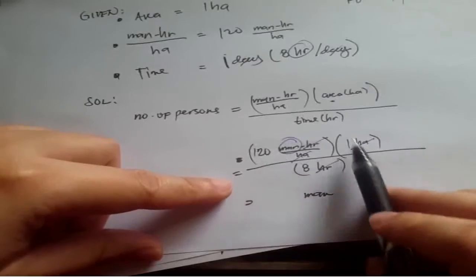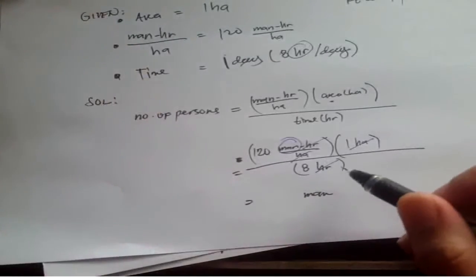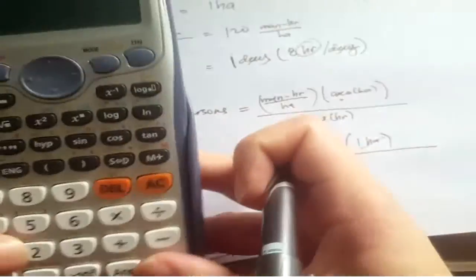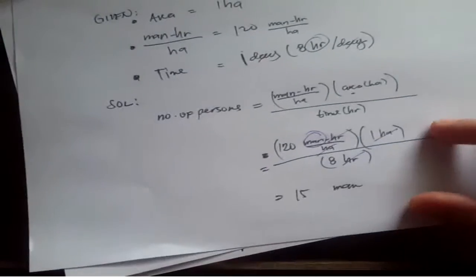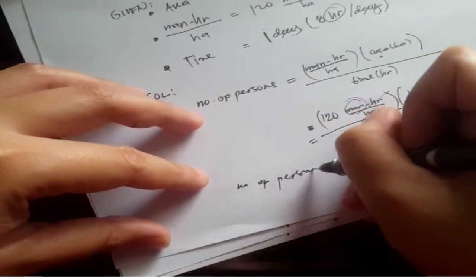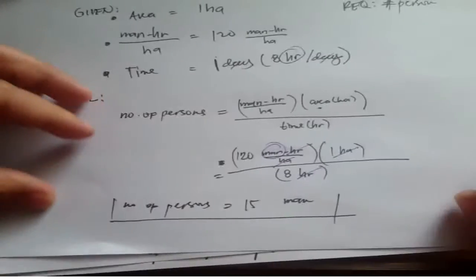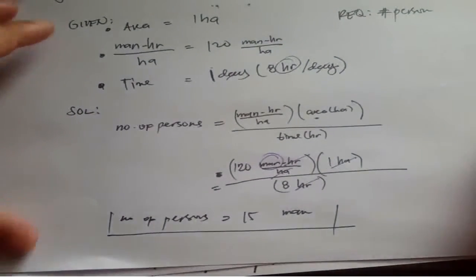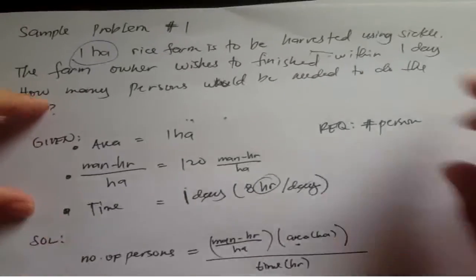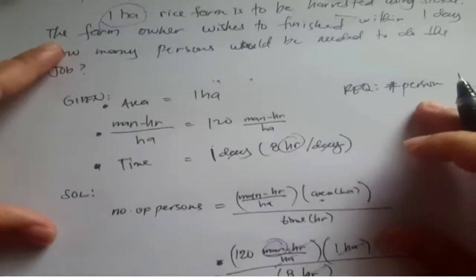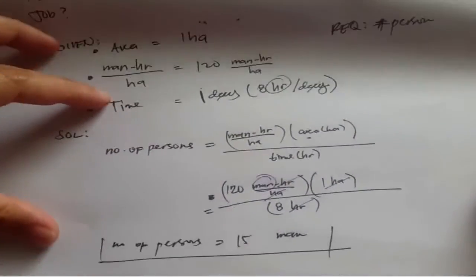So 120 times 1 divided by 8 is 15. 120 divided by 8 is 15 men. So the number of persons we need to hire is 15 men, or 15 persons, or 15 laborers, in order for us to finish the job of a 1 hectare rice farm within 1 day.